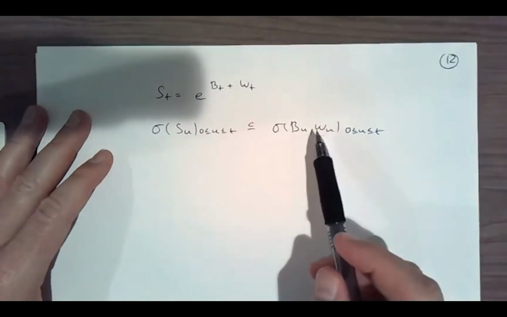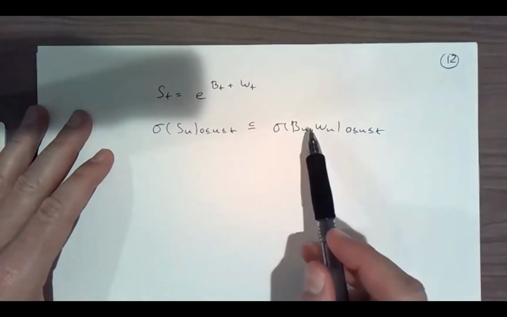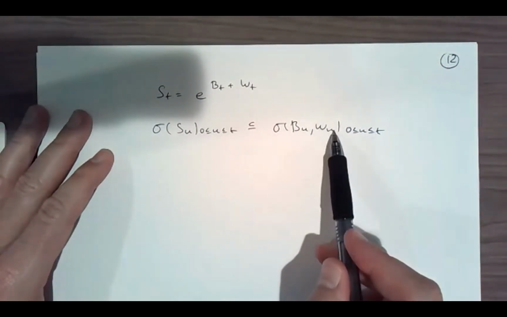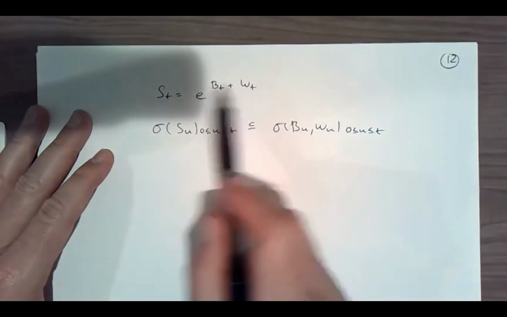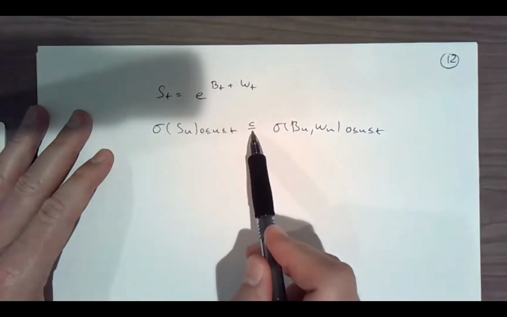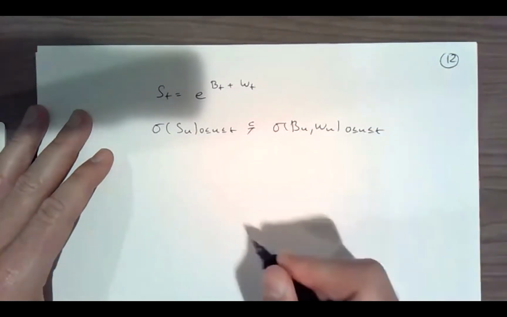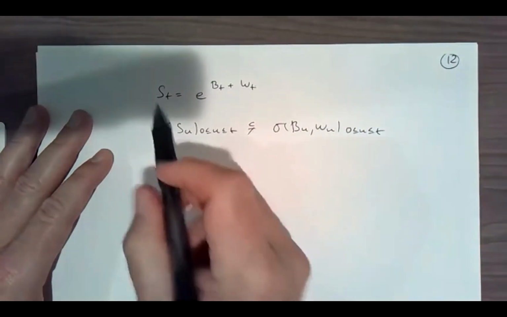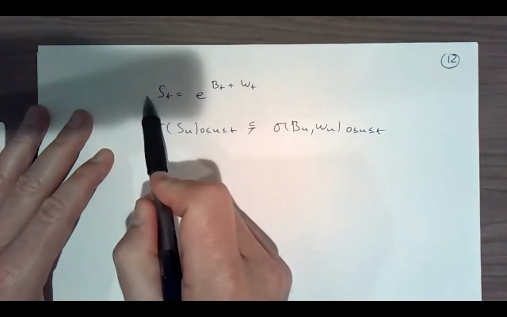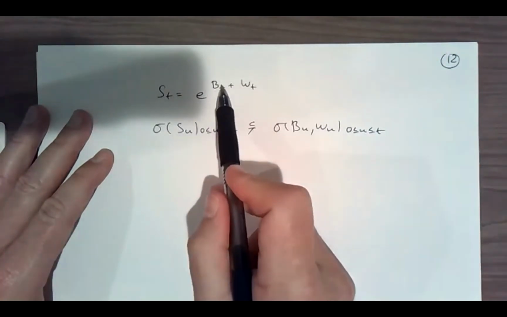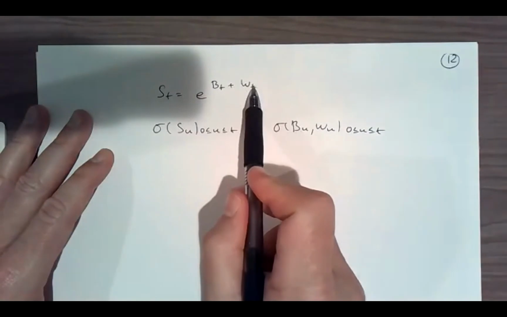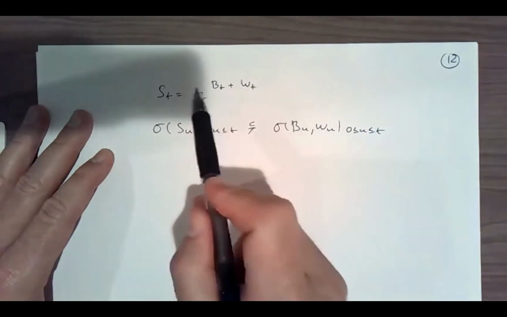Now on the right-hand side, imagine that you know what B and W are. If you know what B and W are, then you also know what S is. So this is why you have this inclusion. And you have it strict because if I tell you what S is, can you now tell me what B is? And can you now tell me what W is? Not necessarily.